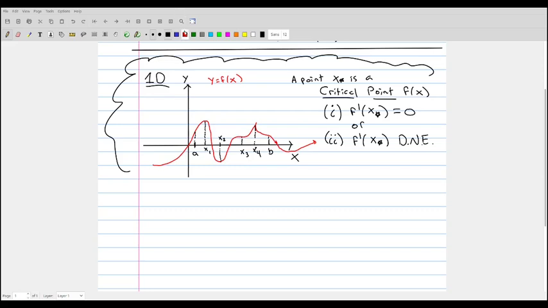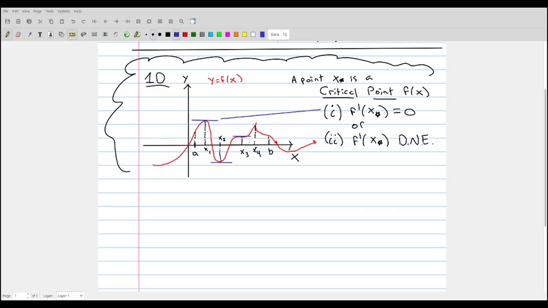So here you can see that x1, x2, and x3 are all critical points of type 1, because the slope at x1, the slope of the tangent line at x2, and the slope of the tangent line at x3, each one of these has 0 for the rate of change.